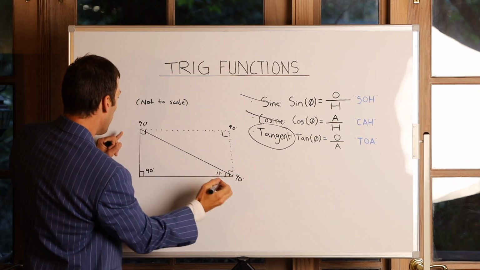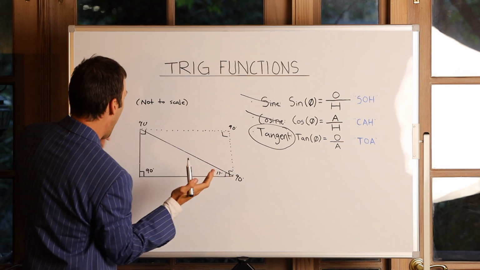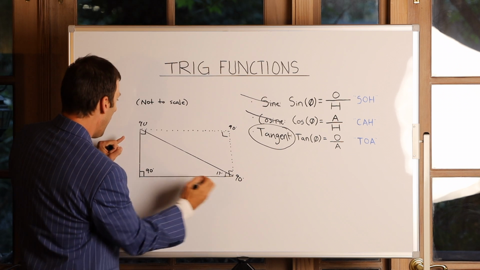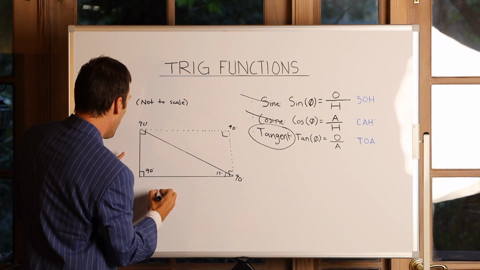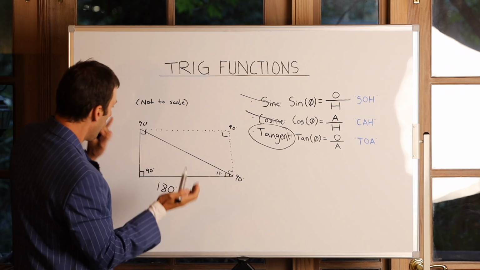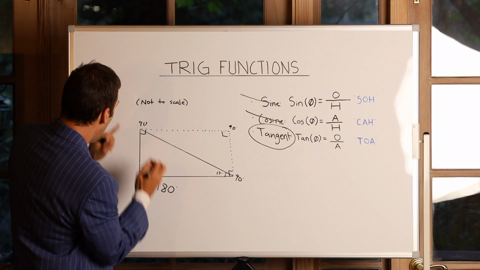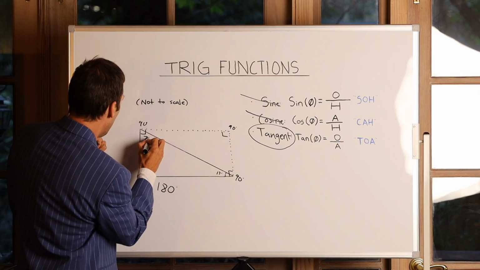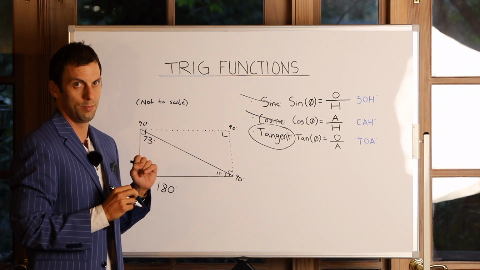If I take a triangle, I'm basically just taking half of that. So whatever angles I have in a right triangle, they have to add up to 180 degrees. So in this example, this angle has to be 73 degrees.